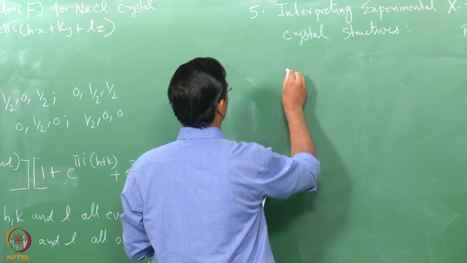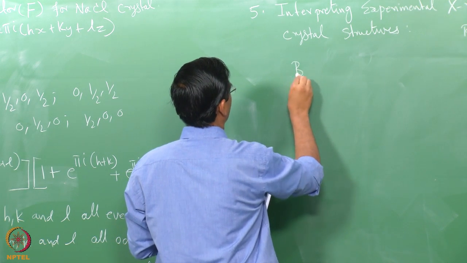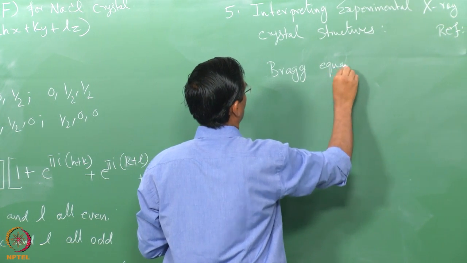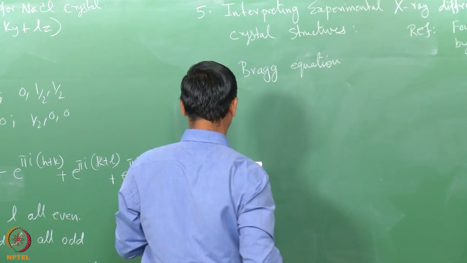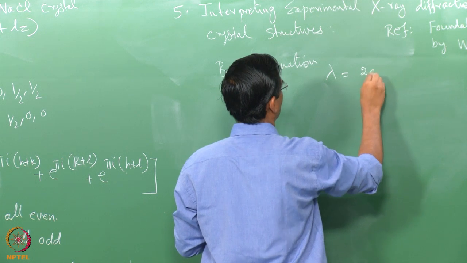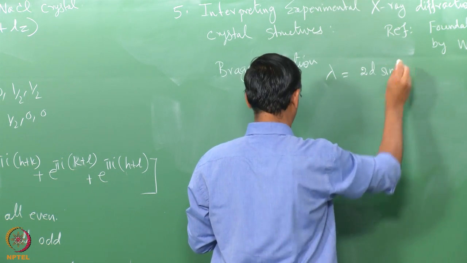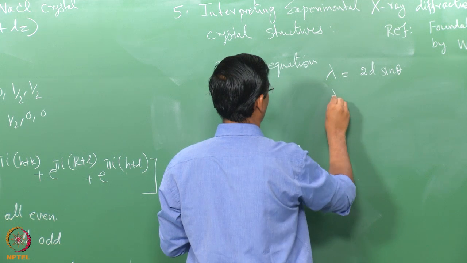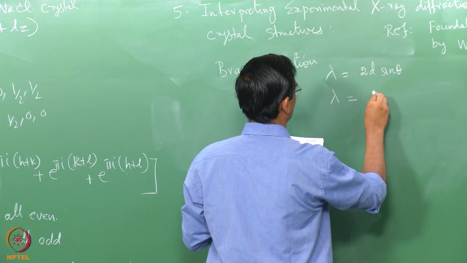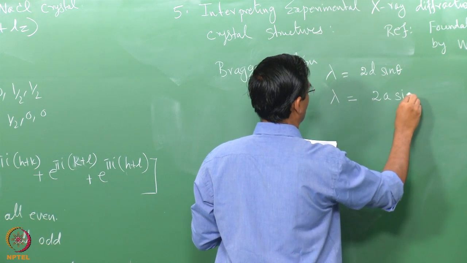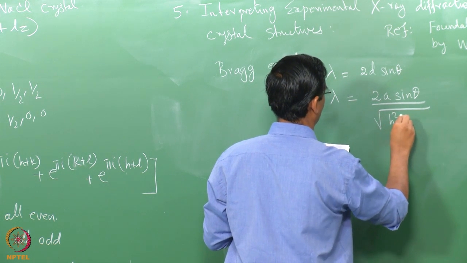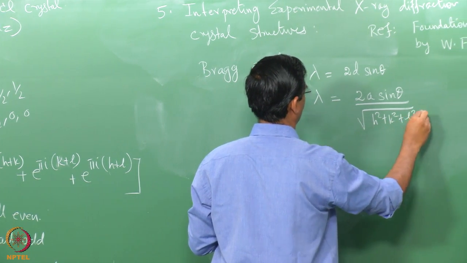So, we know the Bragg equation. We will start with the Bragg equation: lambda is equal to 2d sin theta, and we can write lambda is equal to 2a sin theta divided by square root of h square plus k square plus l square.